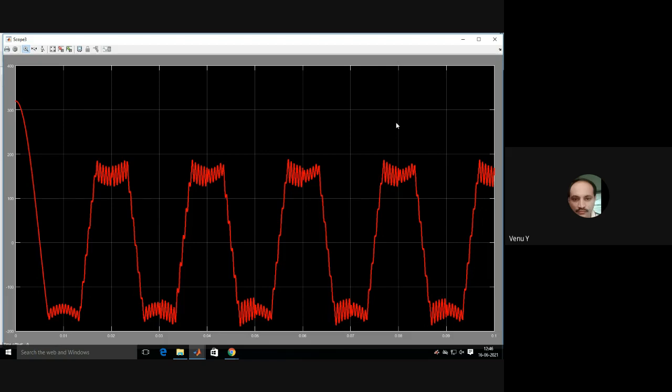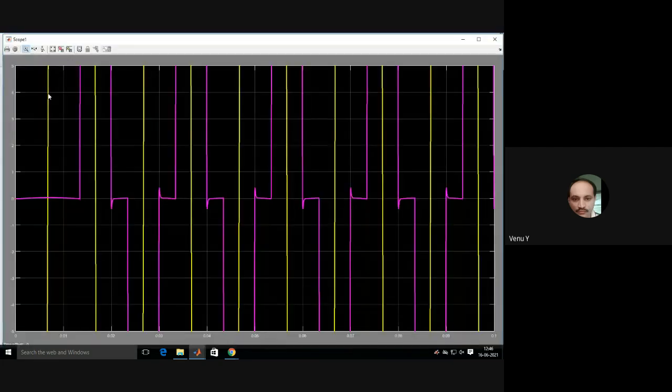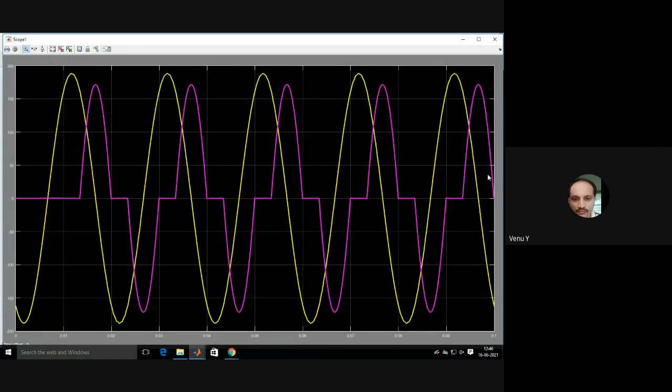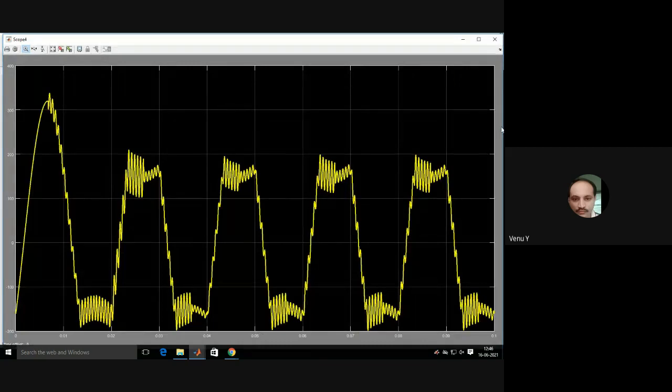Three-phase FC TCR type SVC. Now let us note phase B, same pattern, voltage and current, and total current same, except initial transient. Y phase, RYB.